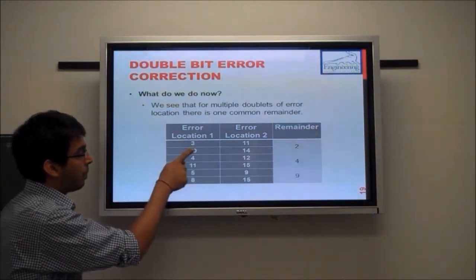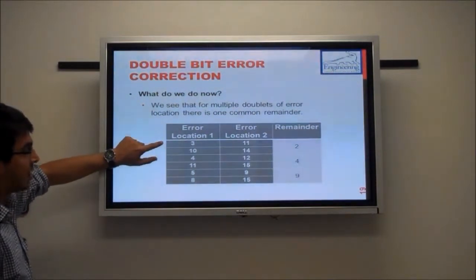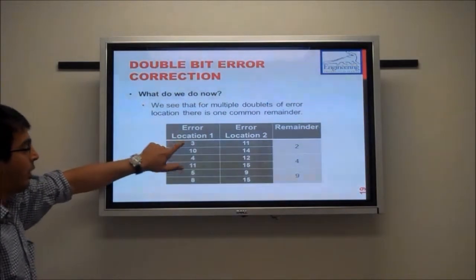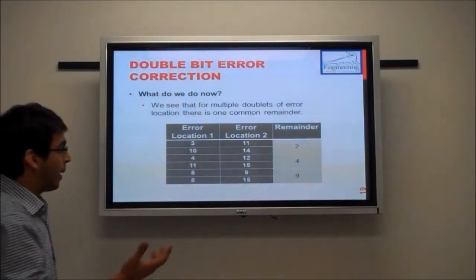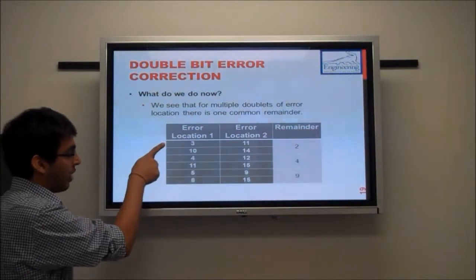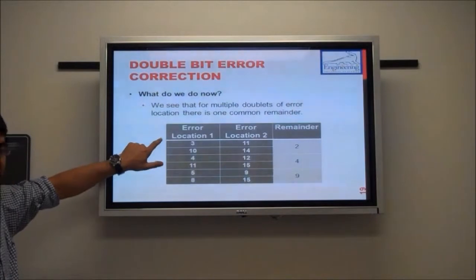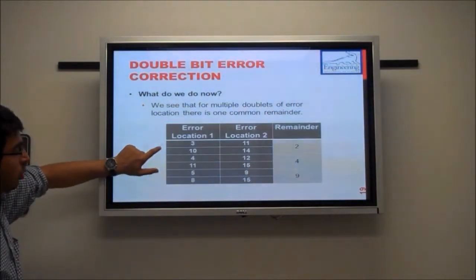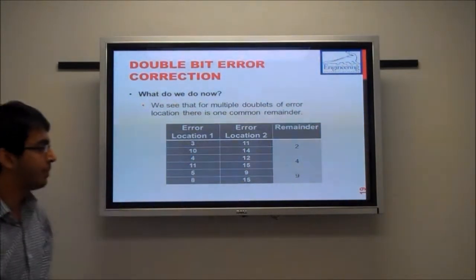If the CRC checksum calculated is 0, then it knows that the error was in the 3rd location and the 11th location. What I just need to do is flip these values and then I get the correct data. If not, then it has to go back and flip bit number 10 and bit number 14.